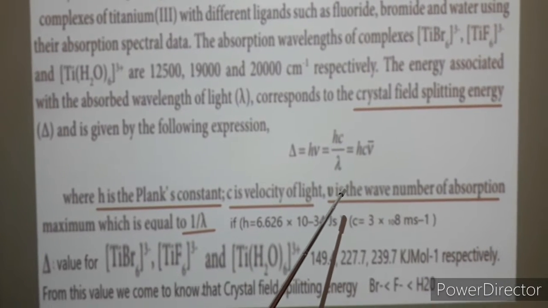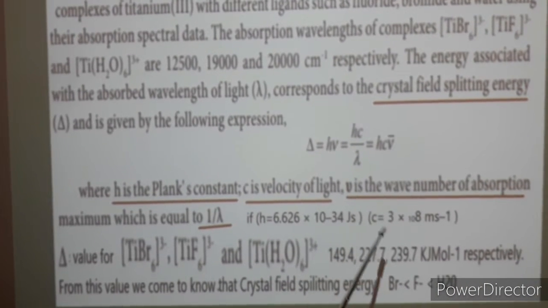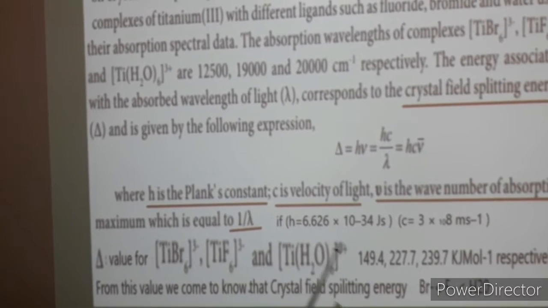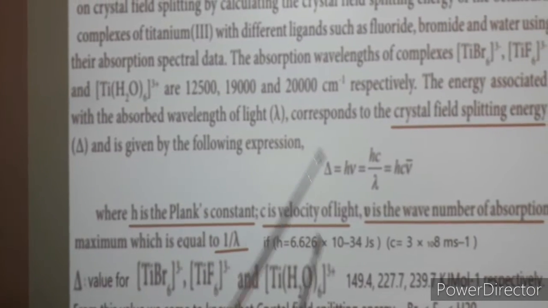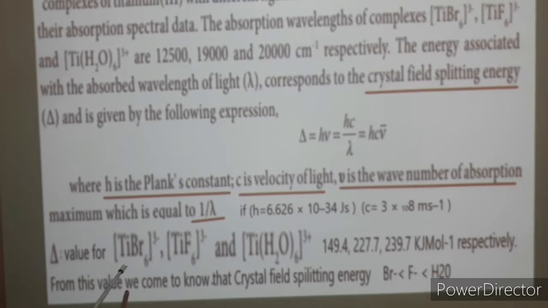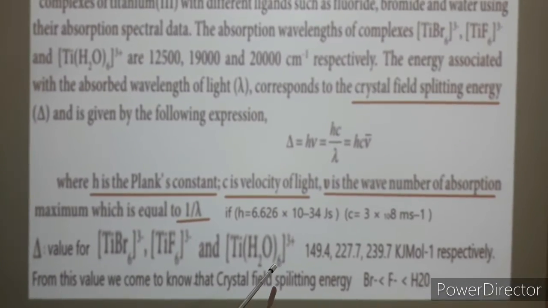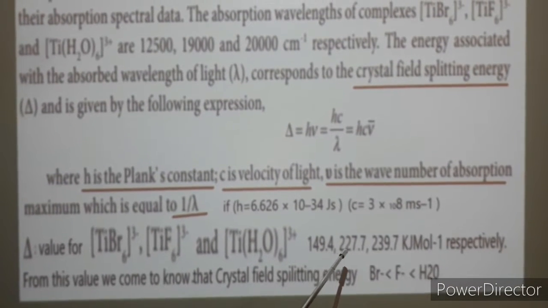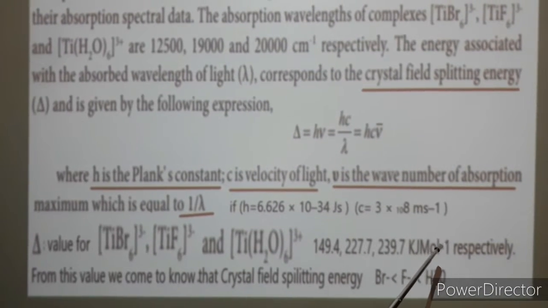C means the velocity of light and lambda is the wavelength, and the reciprocal 1 by lambda is called nu bar. What is nu bar? It is the wave number of the absorption. The C value is 3 into 10 power 8 meter per second. After applying these values and putting the given wavelength in the formula, we get the delta value for titanium hexabromide, titanium hexafluoride and titanium hexaaqua as 149.4, 227.7 and 239.7 kilojoule per mole.